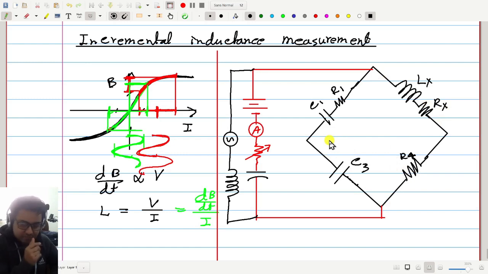Sir, the inductor will be short for the DC, right? Oh, sorry, yes, absolutely right. Thank you. I did completely the opposite thing. So here I will put an inductor so that this inductor will not disturb this DC current at all.